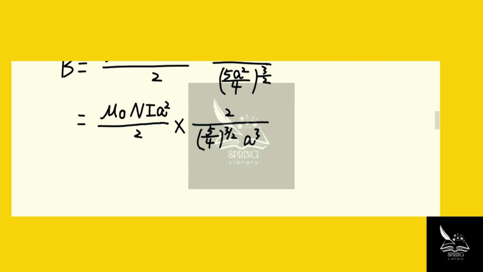And as you can tell, 2 can be cancelled out, a squared can be cancelled out, and this will give us B is simply equal to 4 over 5 to the power of 3 over 2 times mu 0 n I over a.